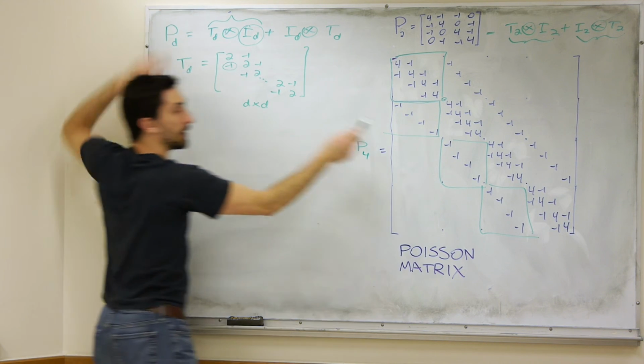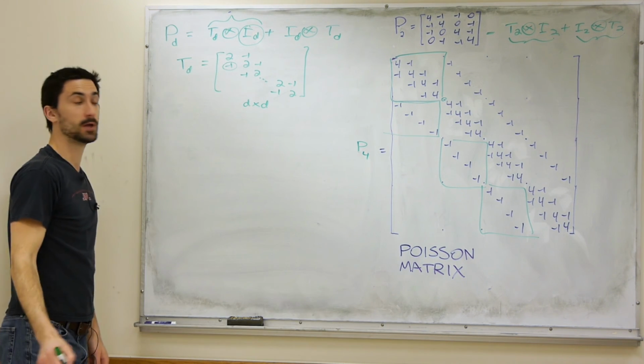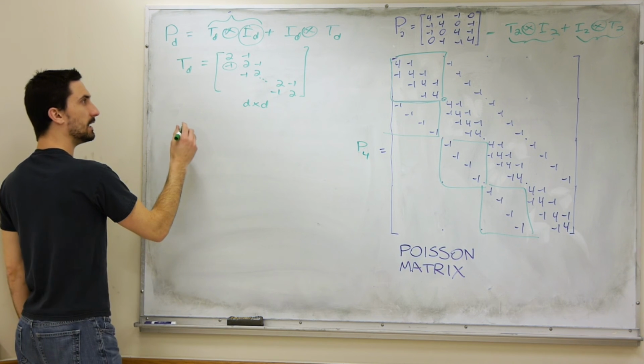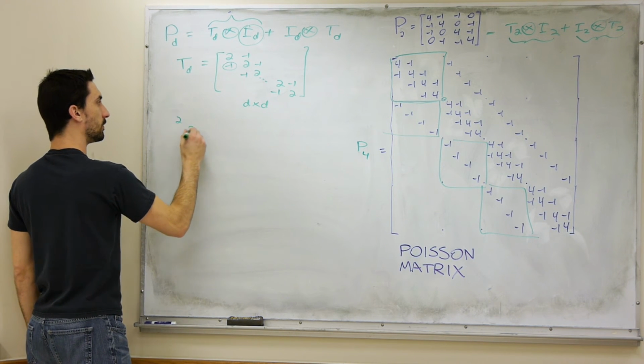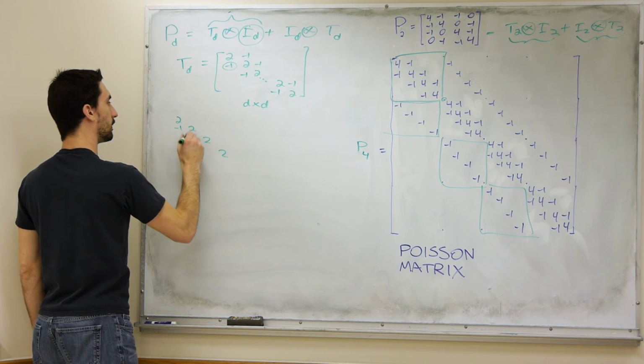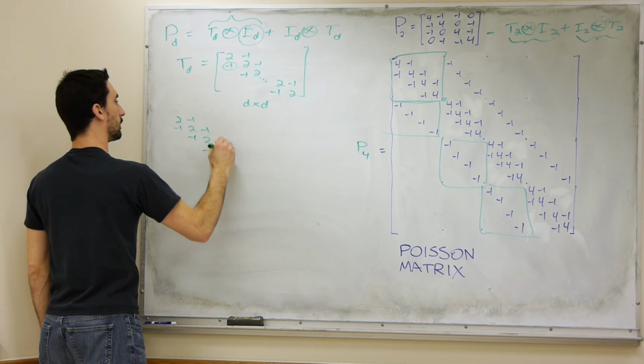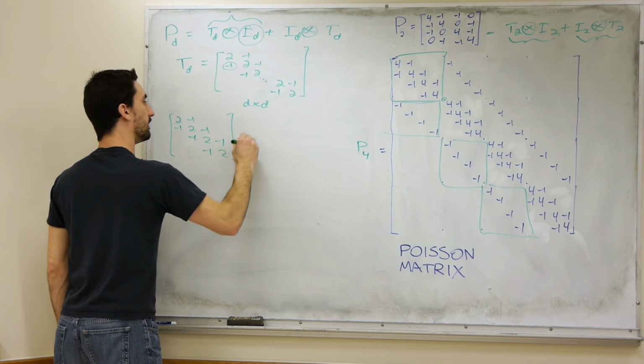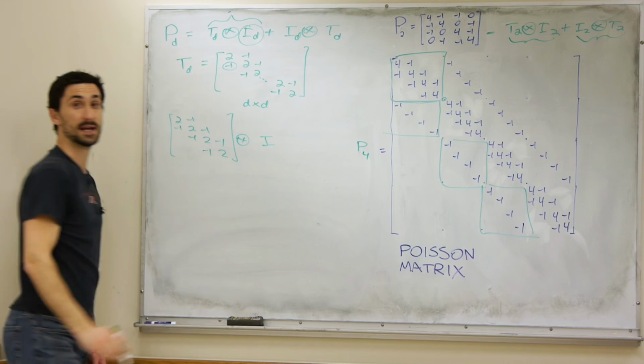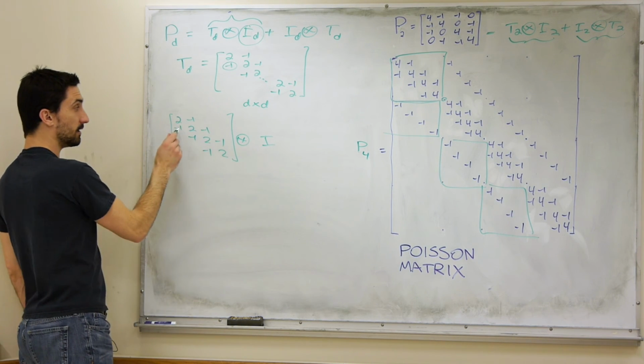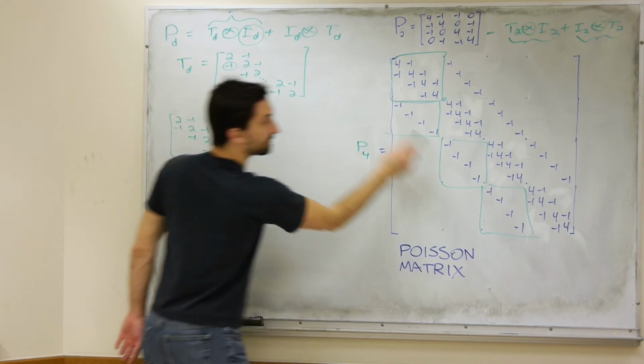So that's exactly where this is coming from. So P4 over here is this Kronecker and identity, and that's how we're getting the -1s on the off-diagonal blocks.